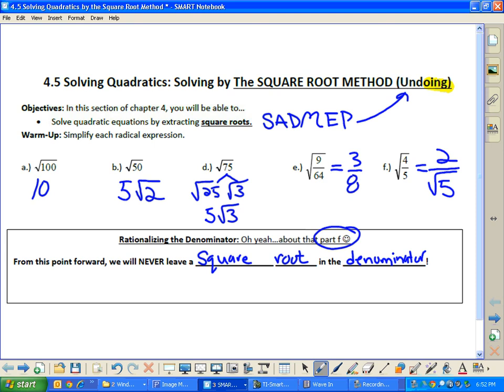So for part F, it's a nice little example for us to talk about. We have 2 over the square root of 5. And I have to show you how to get rid of a radical on the bottom of a fraction.